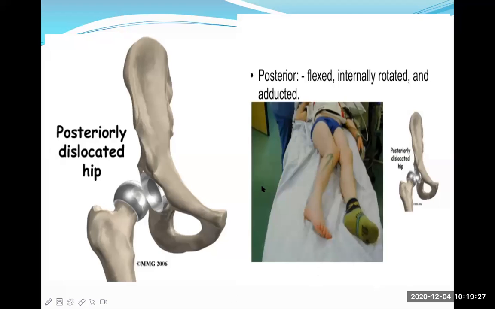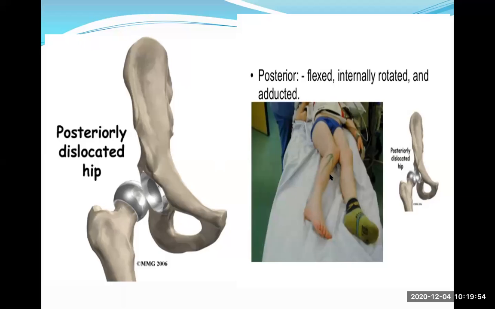Now, with this discussion, let's talk about posterior dislocation of the hip. So posterior dislocation, you can clearly see in this picture. Look, where is the head of the femur? Head of the femur is present posterior to the acetabulum. Okay, though it is a schematic diagram, but a very good one for the understanding. And this is the position of that leg in posterior dislocation.